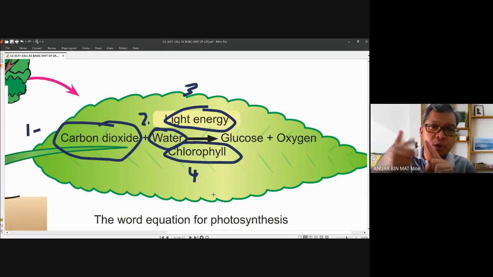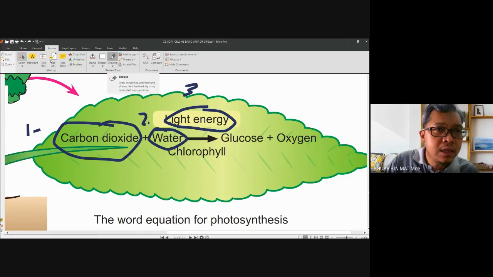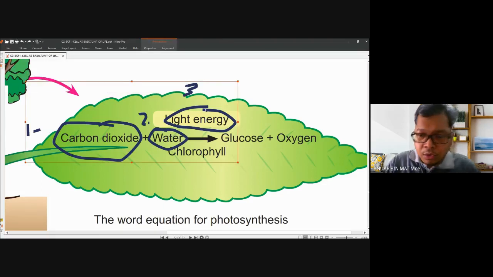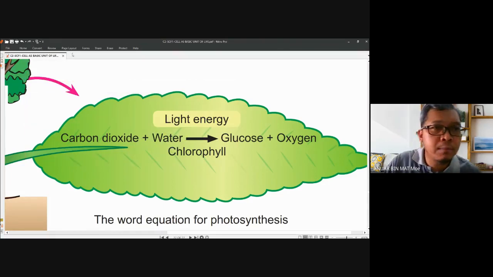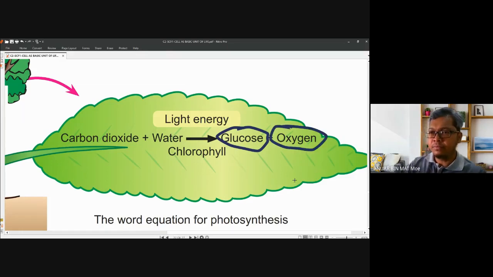Again, carbon dioxide, water, light, and chlorophyll, and then it will turn into glucose and oxygen. You must remember this.